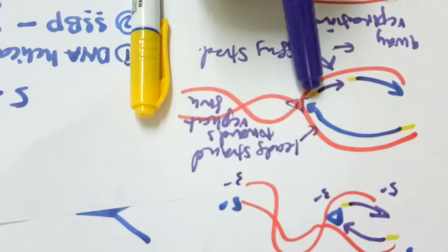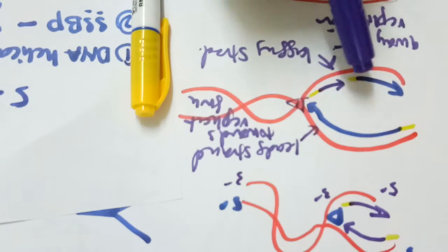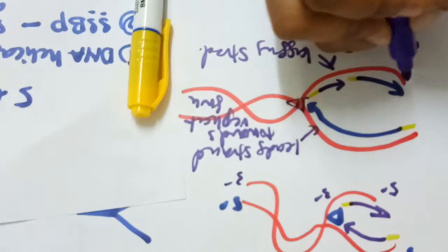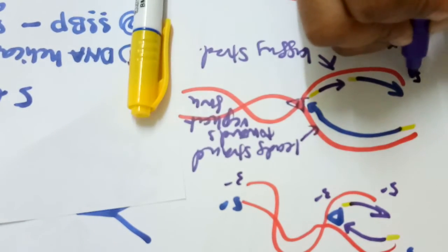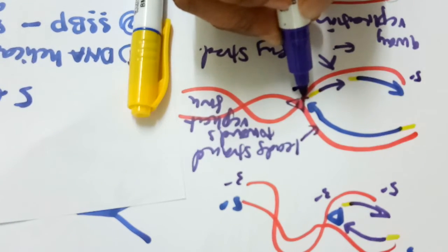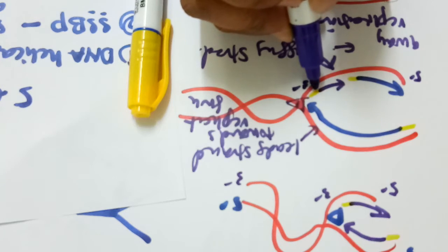Okay, and for the lagging strand, due to the template of the DNA being 3' to 5', here is 5' to 3'. So we have to start from the replication fork. So the RNA primer will be added at the start of the replication fork.